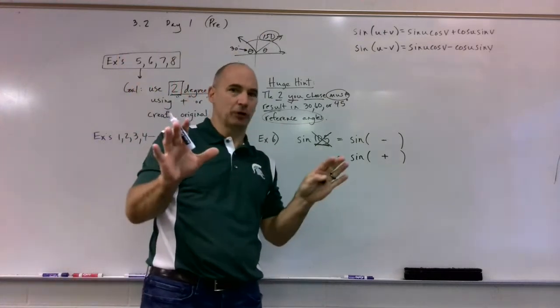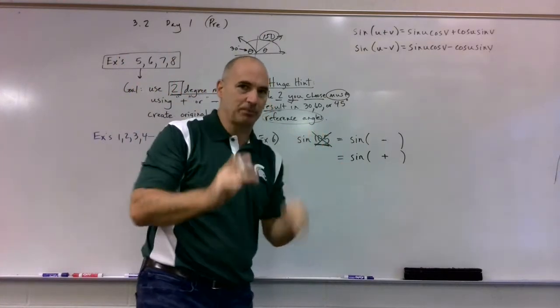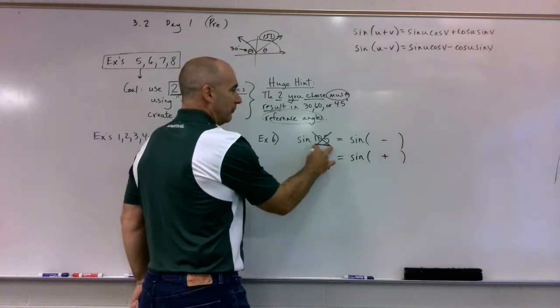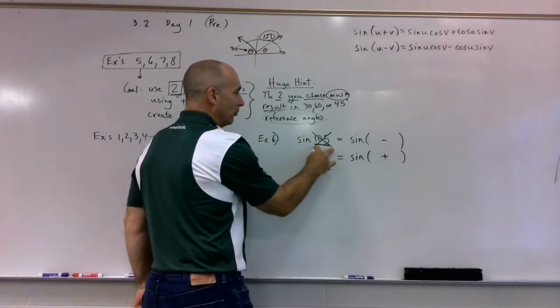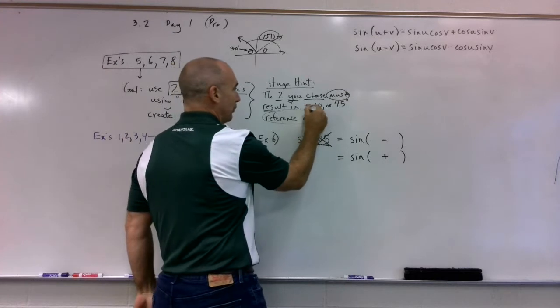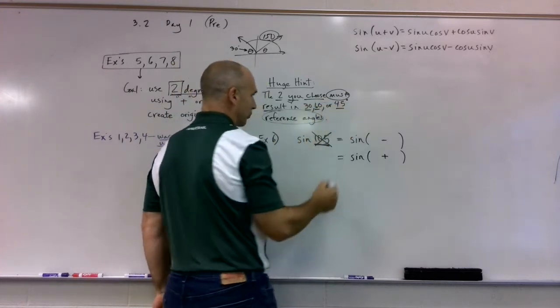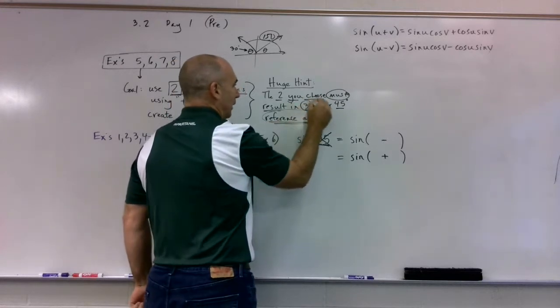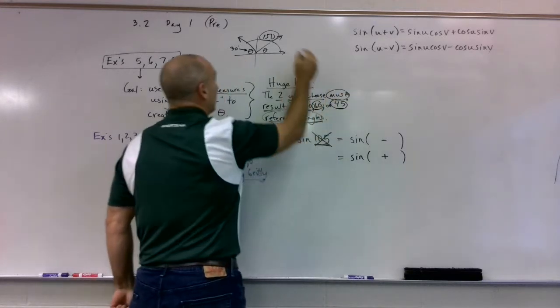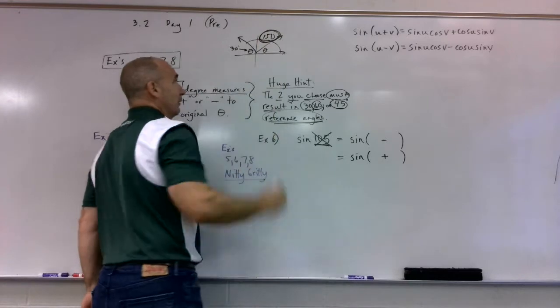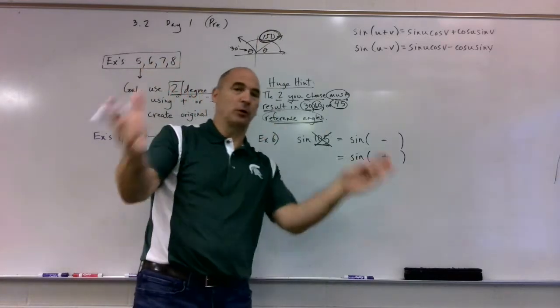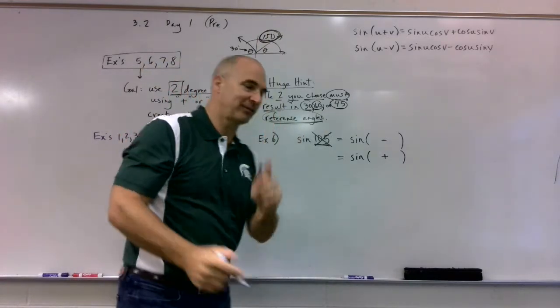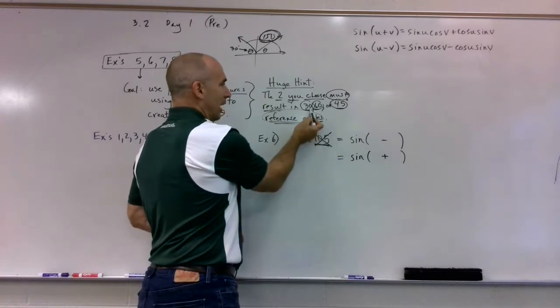But there's a lot of good options. You're honed in on this problem to create 105, somehow using angles that will result in a 30, 60, or 45 degree. Now look, reference angle. I didn't say you had to pick 30, 60, or 45, because look at it, I said 150 is a good selection if ever it works out for you, because it results in a 30 degree reference angle.